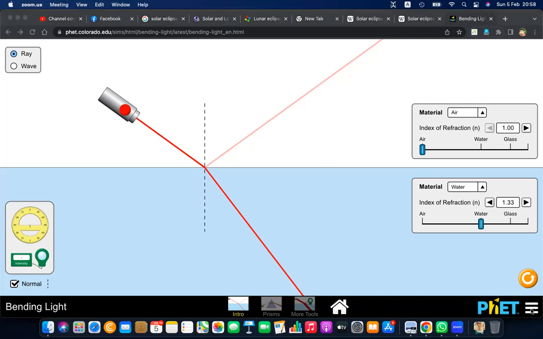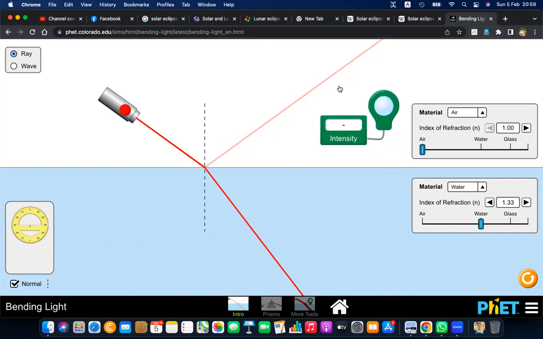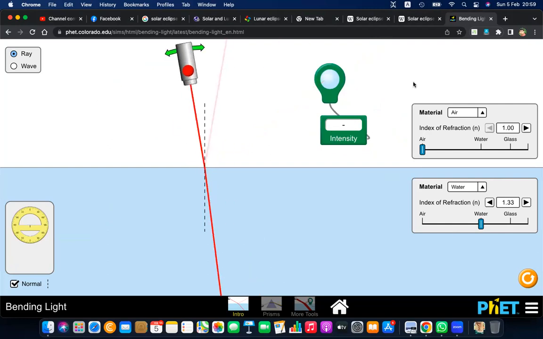So the first medium is air, the second medium is water. So it's falling down. Refraction is which is going down. But there is a reflection also. Reflection means which is returning back. Here you can see 8.23%. If a solar eclipse happened here, whatever comes to the eye by reflection is only 2%.